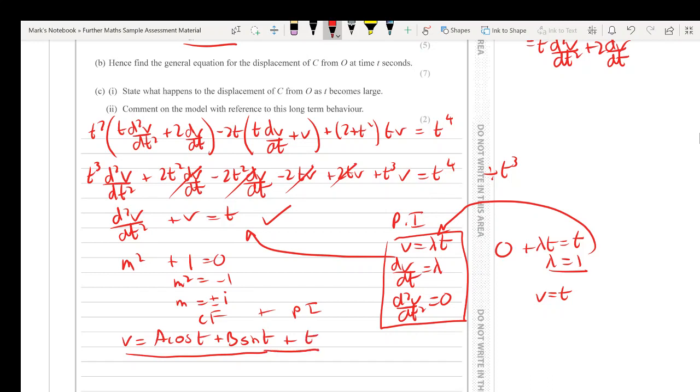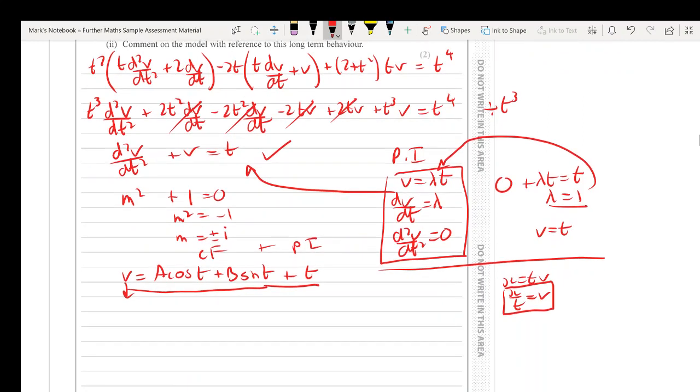Now we're not quite finished yet because this was in terms of v, but we wanted to solve the original equation, and the substitution we used was x equals tv. So we have to replace v using x equals tv. We don't want a v anymore, so let's divide by t. So x over t equals v, and we're going to replace that underneath this.